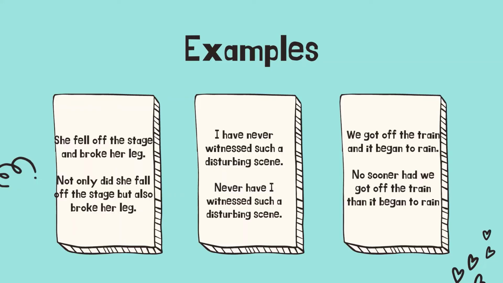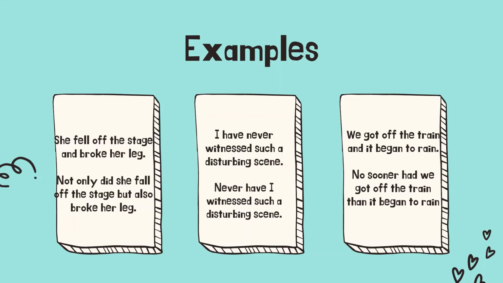Okay, now that we know the structure of inversion, let's look at the examples again and we're going to analyze them. The first example says, she fell off the stage and broke her leg.